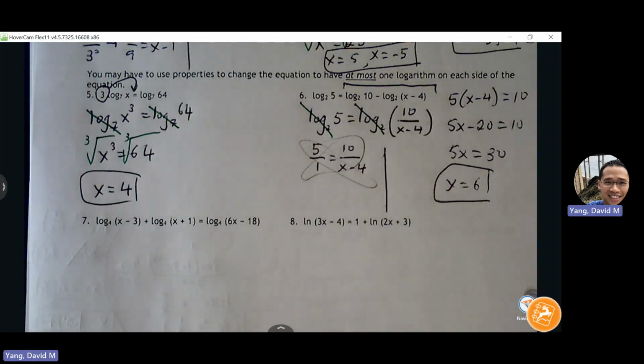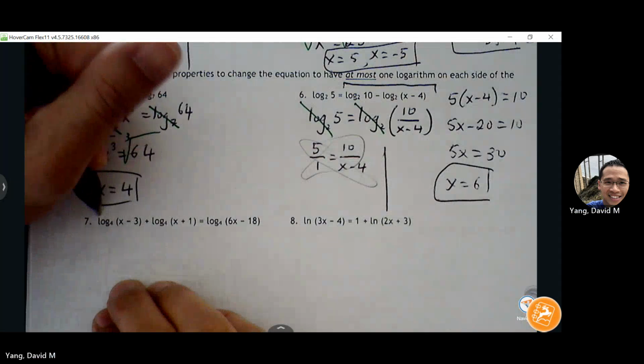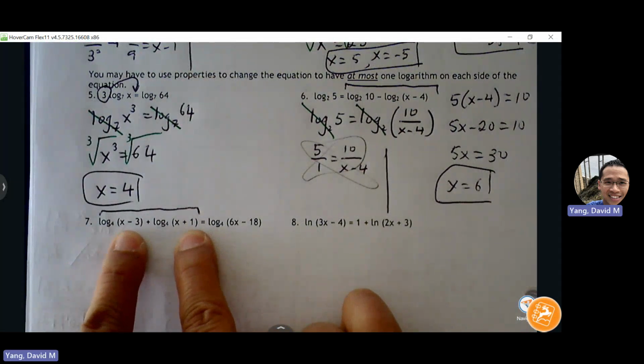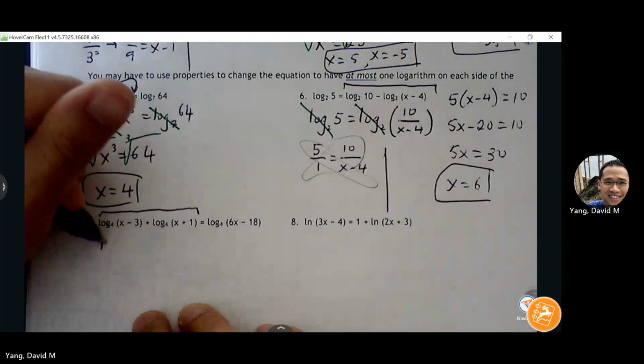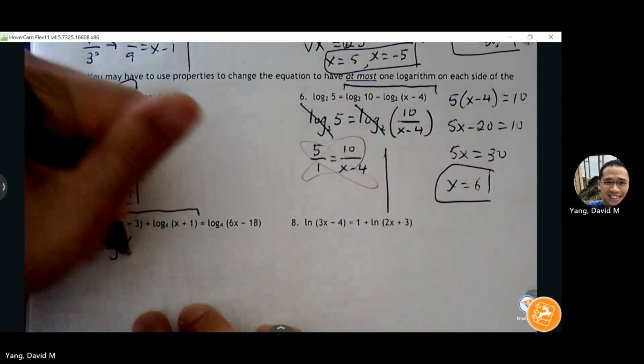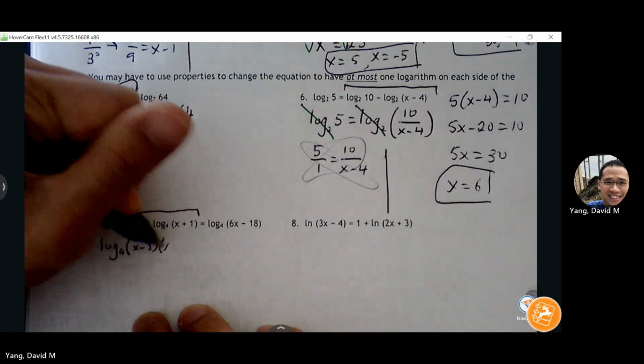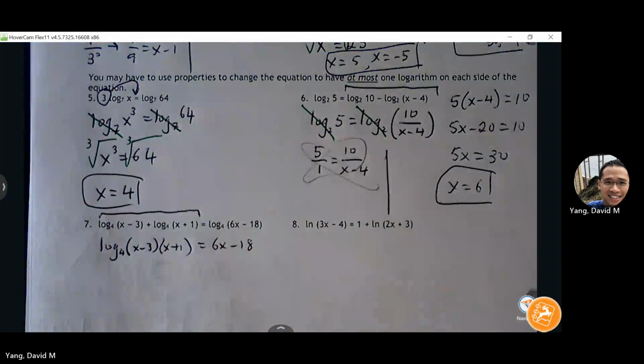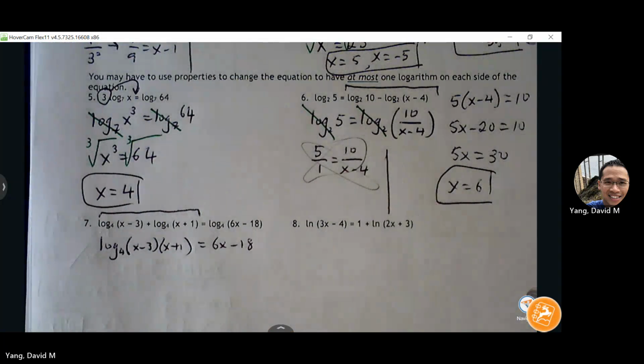Okay, number 7. It's nice. Everything is log base 4, but I need a one-to-one relationship here. What can I do with that left side? Condense. Good. So this is plus here, right? So log of A plus log of B is equal to log of A times B. Clean.